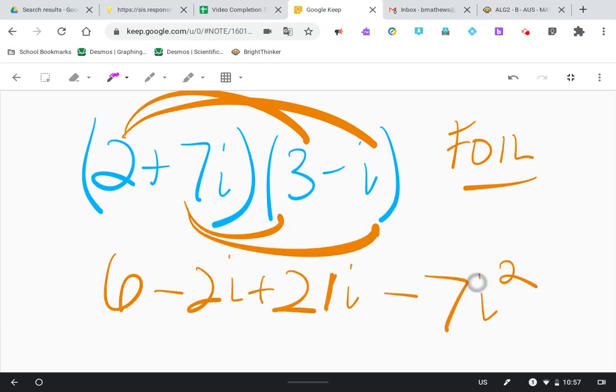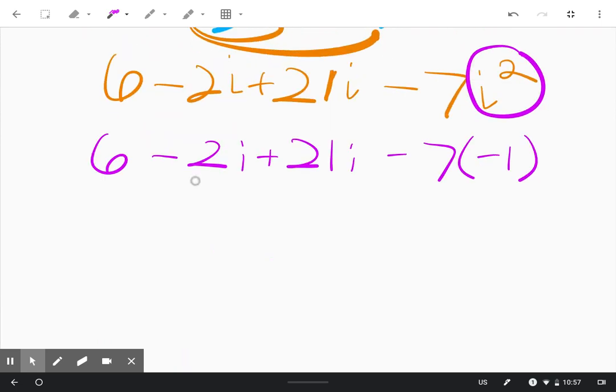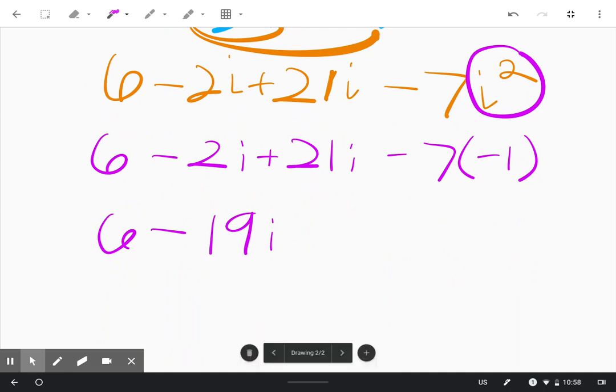i squared automatically needs to be replaced with a -1. So let's rewrite it. 6 minus 2i plus 21i minus 7 times -1. Keep simplifying. Minus 2i plus 21i is going to be plus 19i. And then -7 times -1 is plus 7.